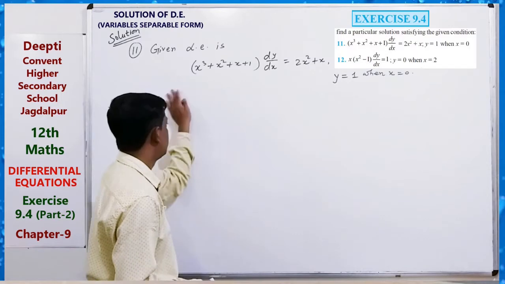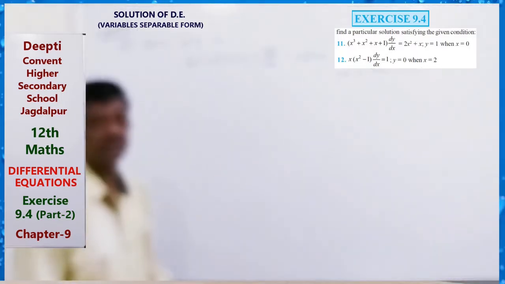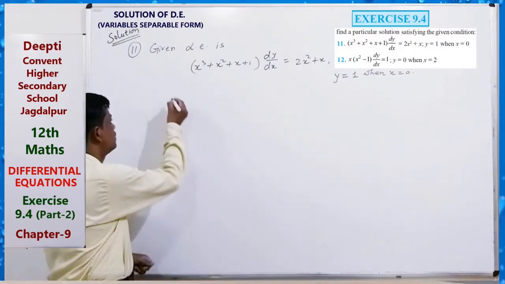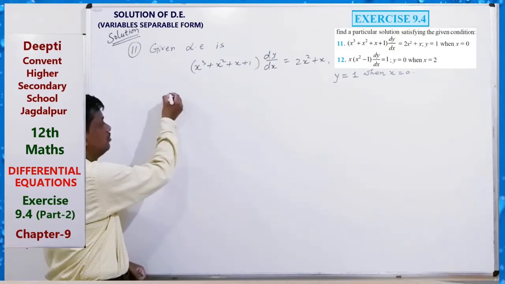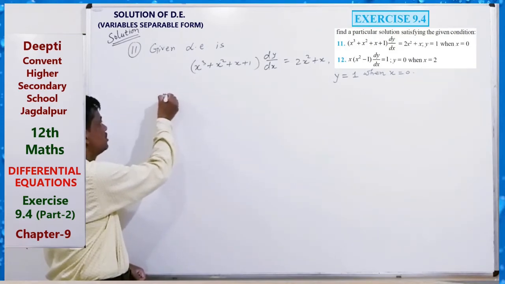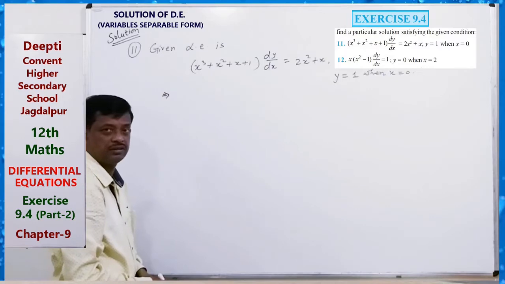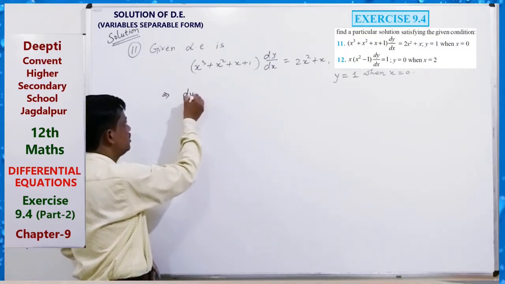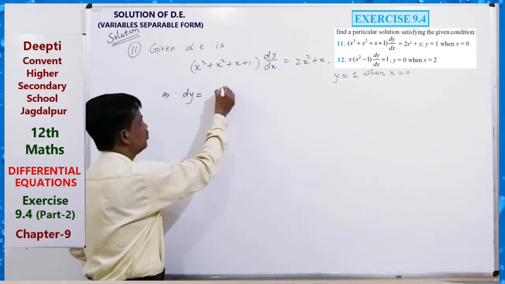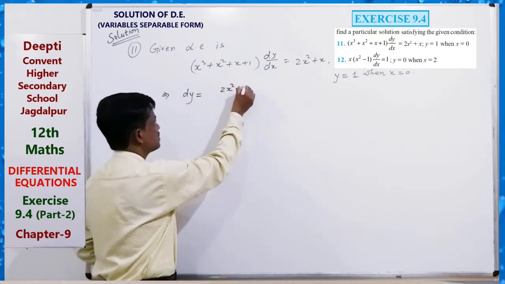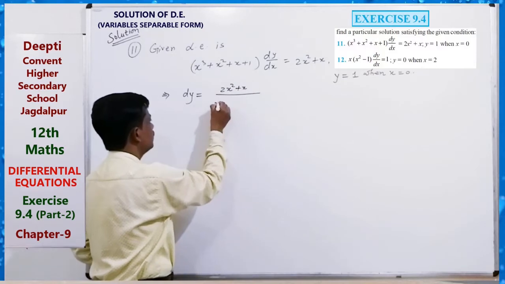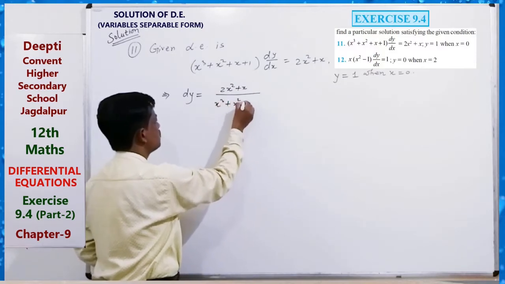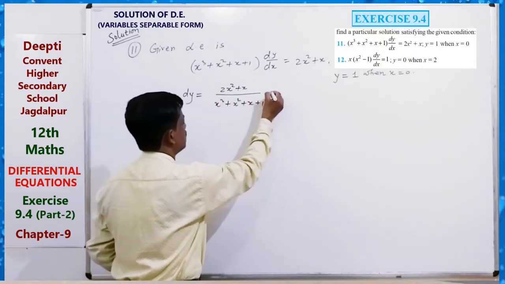For solving this differential equation, just separate the variables. We can write dy equals (2x square plus x) upon (x cube plus x square plus x plus 1) dx.